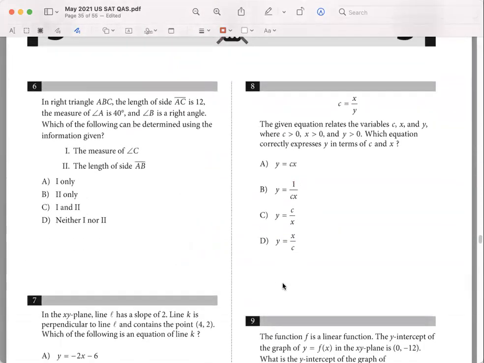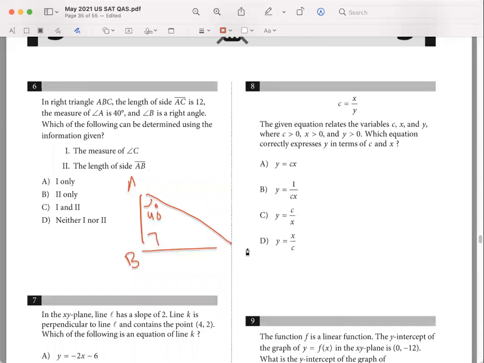In right triangle ABC, the length of side AC is 12. Angle B is a right angle. Angle A is 40 degrees.